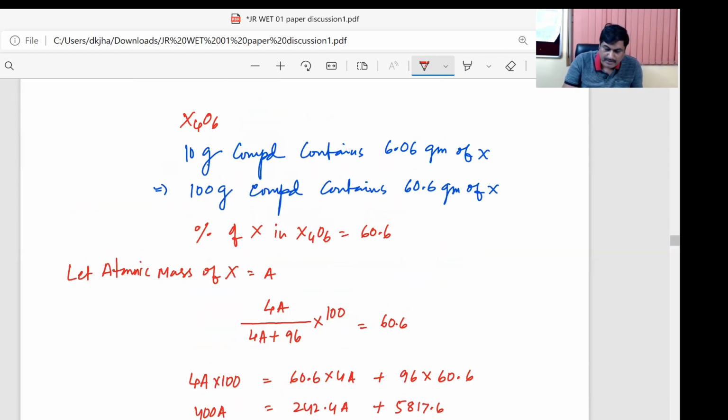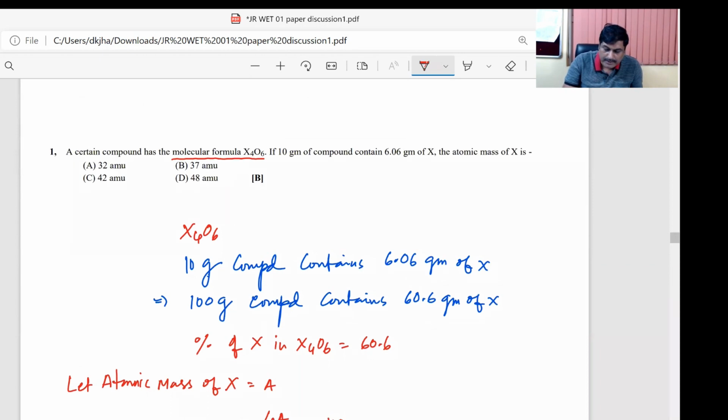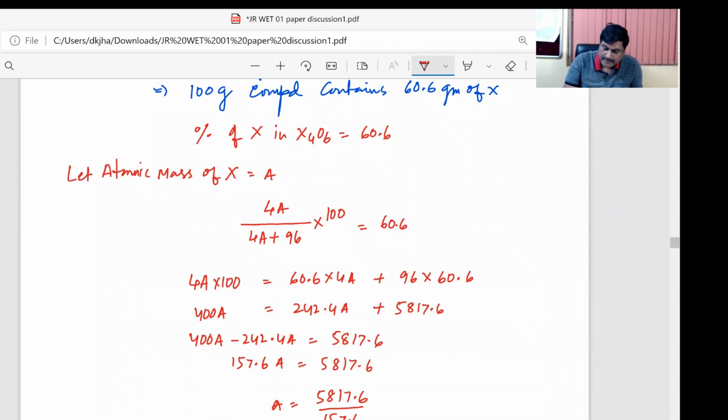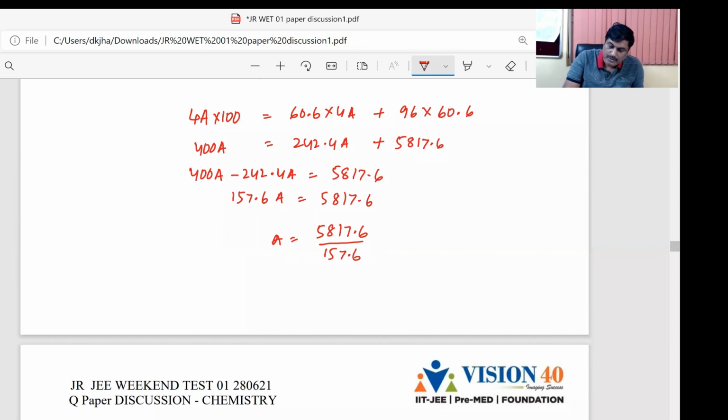What answer is given there? 37 is there, right? Yes, so it is 36.9 something. Your answer is 37.